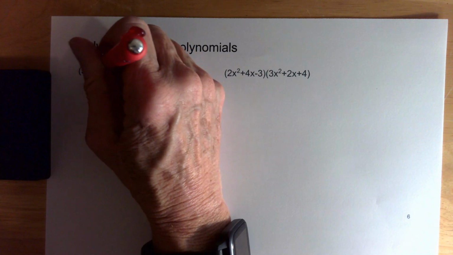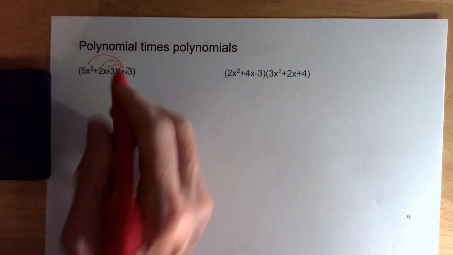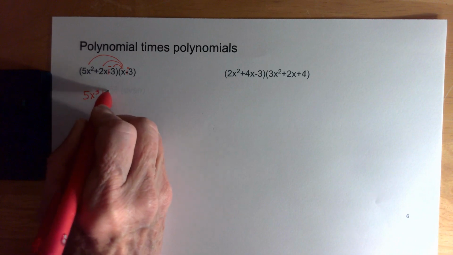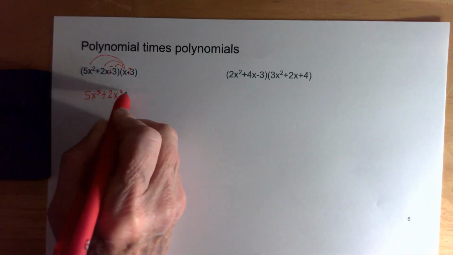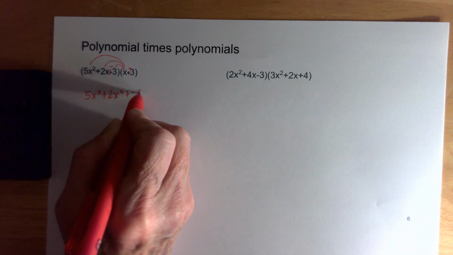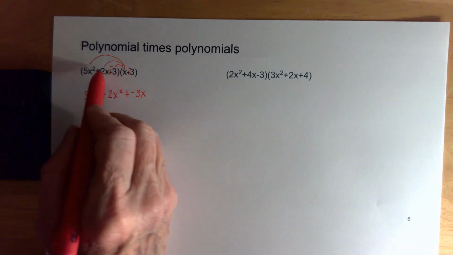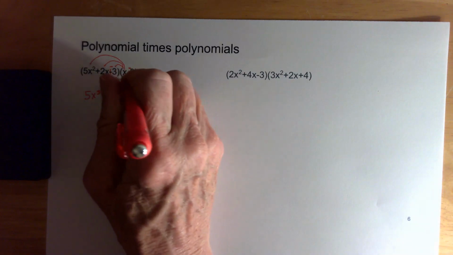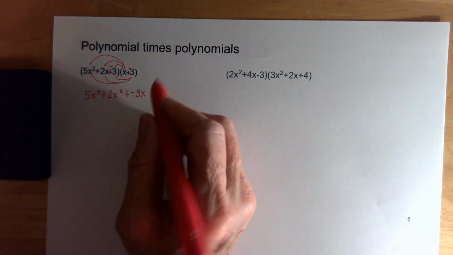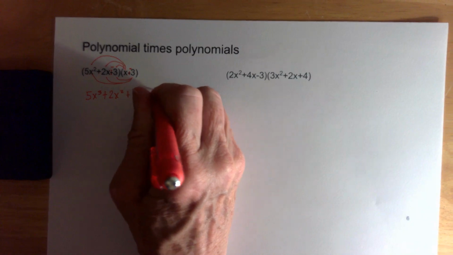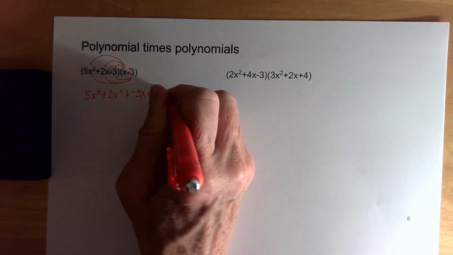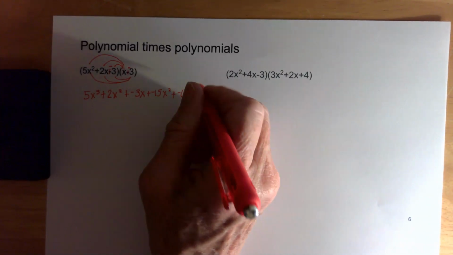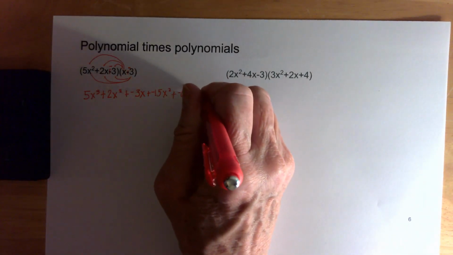So I have 5x cubed plus 2x squared plus a negative 3x. That's what I get when I multiply x times each one. Then I have to take the negative 3 times each one. So negative 3 times 5x squared is a negative 15x squared plus a negative 6x plus a positive 9.